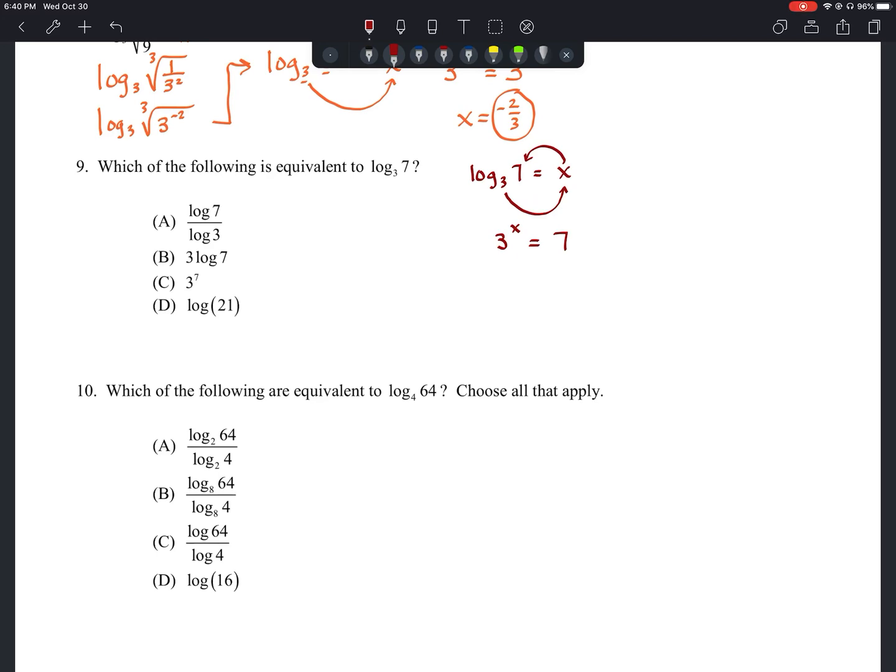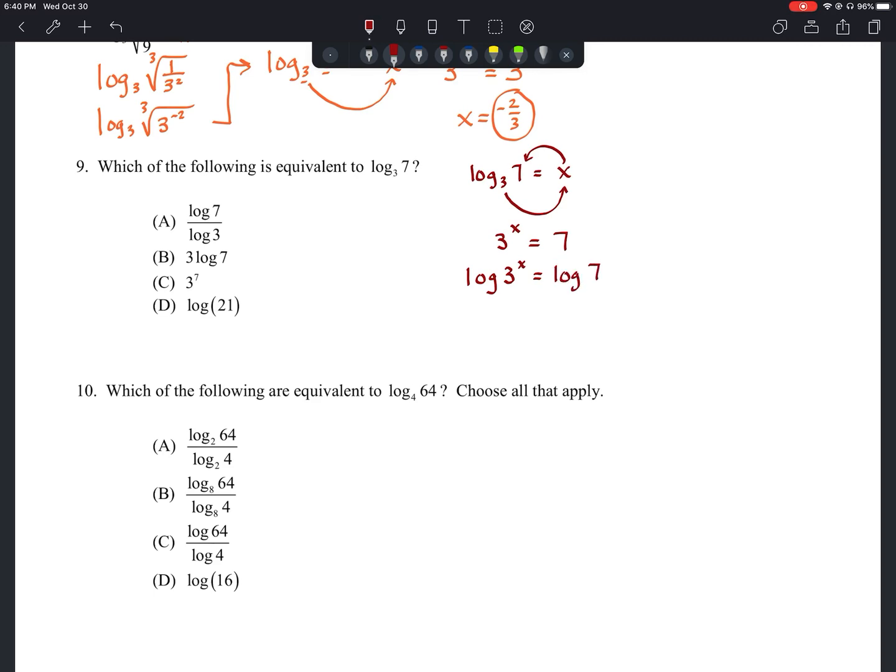So if I wanted to check to see if I could make any of these expressions, well, if I took the log of each side, this would be log base 10 of 3 to the power of x is equal to log of 7.